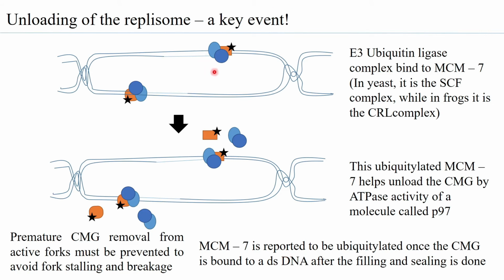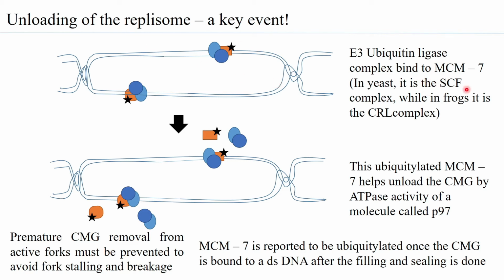Once you have the entire replisome machinery on the two strands bound to the double-stranded DNA, you have the next key event in the termination of replication, and that is unloading of the replisome. What is observed is that the CMG complex per se is ubiquitinated, and the ubiquitination begins with a ubiquitin E3 ligase complex coming and binding to the MCM7.